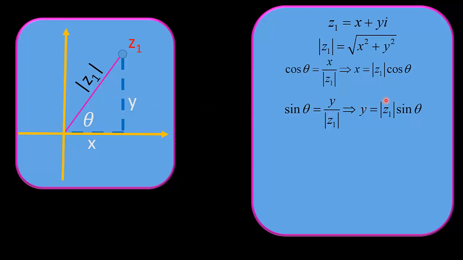So that means y equals the modulus of z1 times sine theta. And then theta is equal to arctan of y over x. So I'm being more general here. Okay. And then we, of course, can write the complex number this way, once we figure out what this angle is.